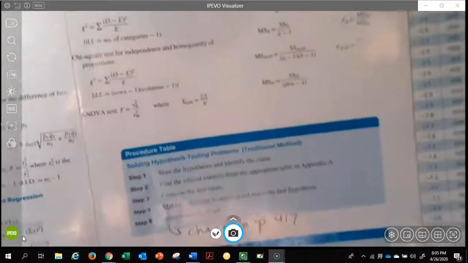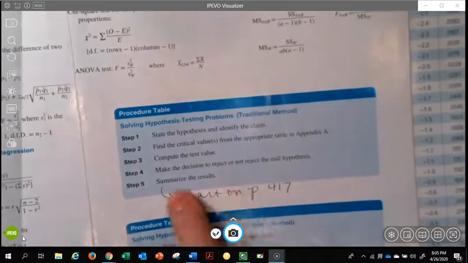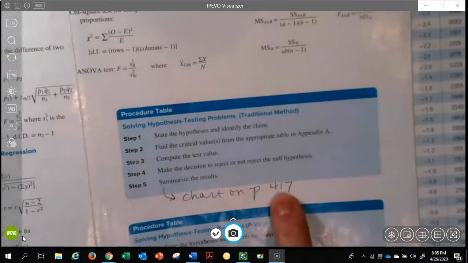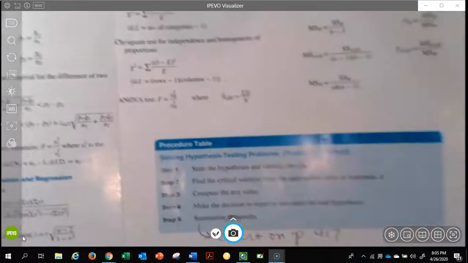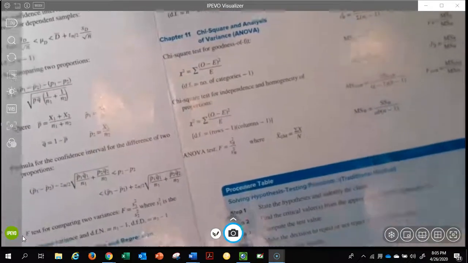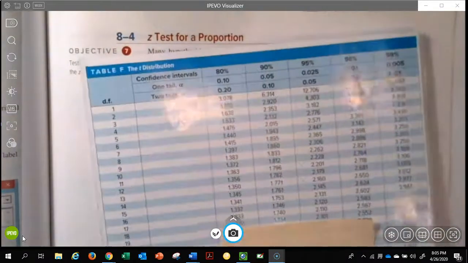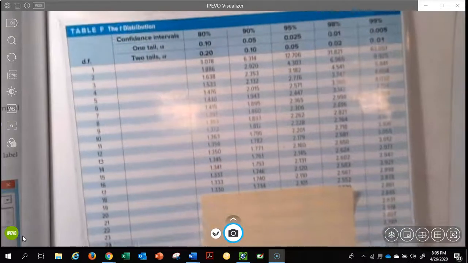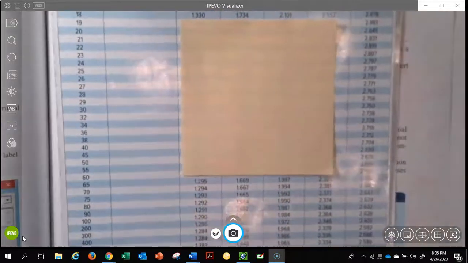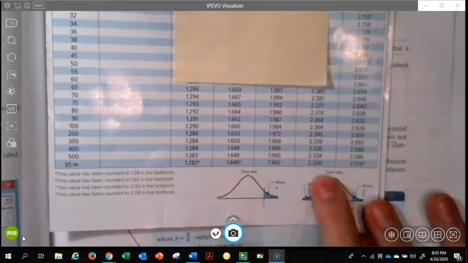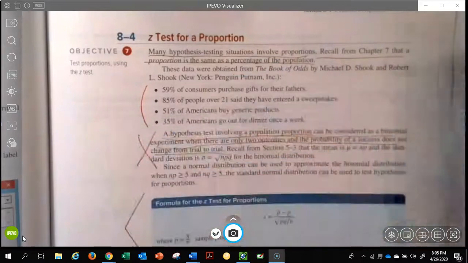Don't forget that this table is inside of here, and that I've already asked you to write down the results that can happen on the table, which are on page 417, so you've already got them somewhere on here. Also remember that we have table F, and at the bottom of table F, when we go to very large numbers, we get the alphas that we're going to need depending on one tail or two tail.